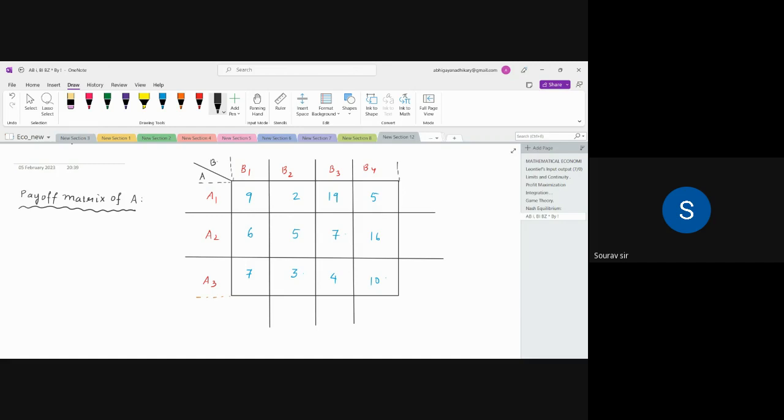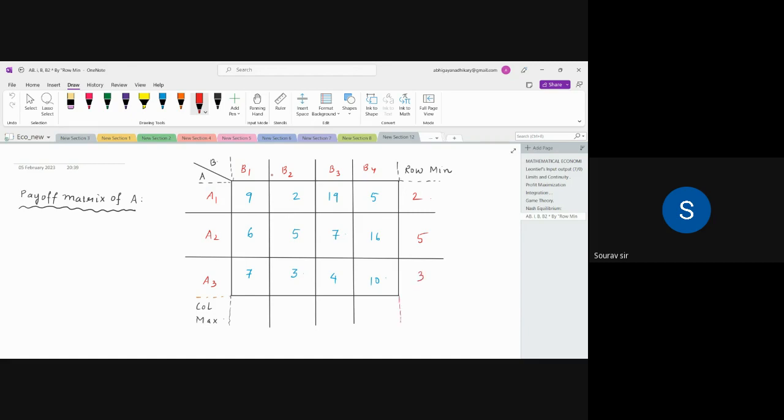The first step is to calculate the row minimums and the column maximums. The first row comes out to be 2, second row 5, third row 3.